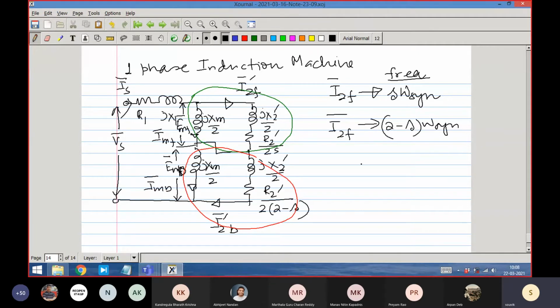Okay, so suppose I want to write these currents as a time function. What should I write?